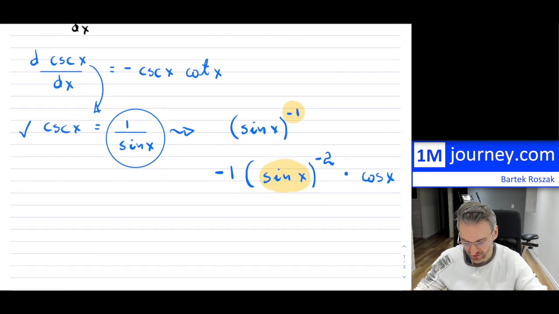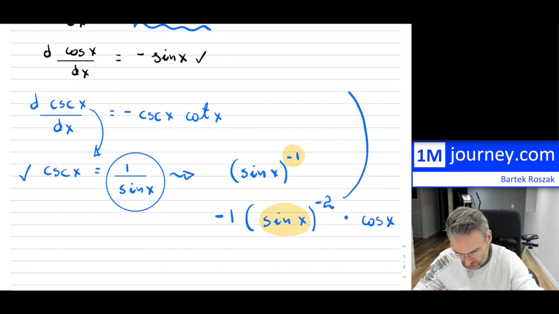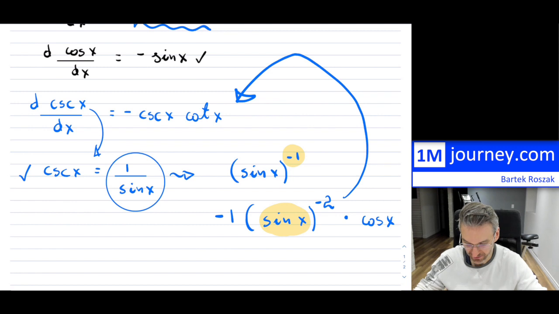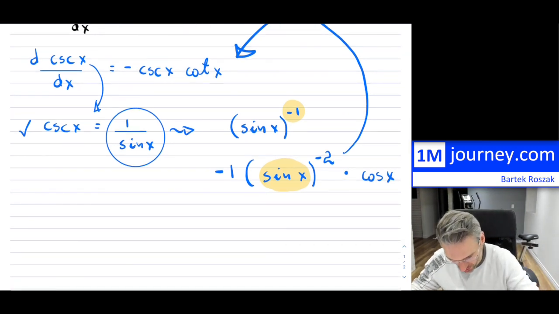So that's the derivative. Now, how do you obtain what we have right here? That's a little bit of massaging, so let me massage this out. What does this equal? I have negative 1, and notice I have the cos x right here.